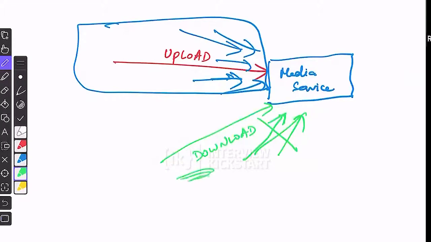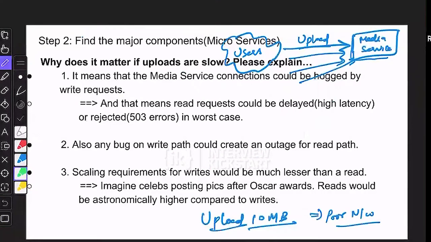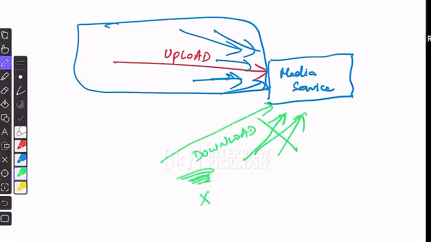Then the users who are trying to download will start getting errors, 503 kind of errors, that their request has been rejected completely, or they will see very high latencies. So I hope you clearly see how upload is impacting the performance of download here.